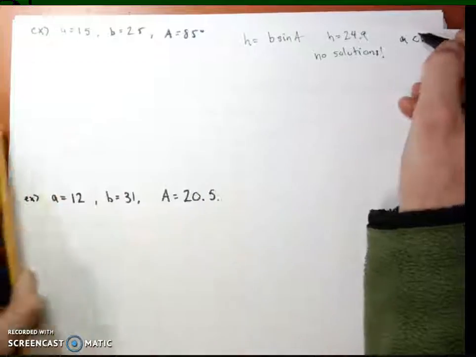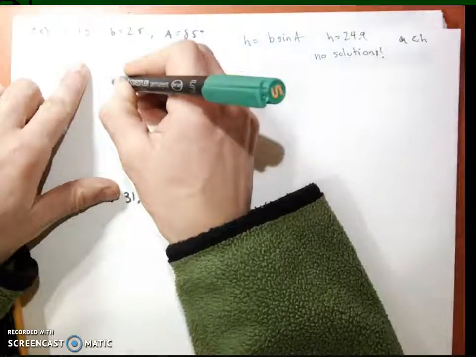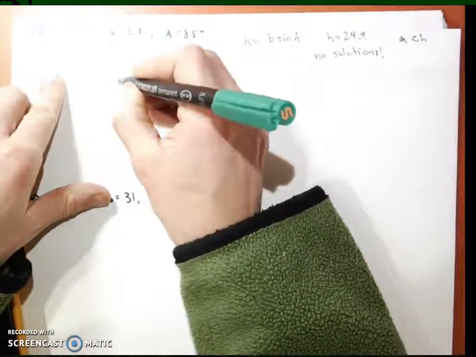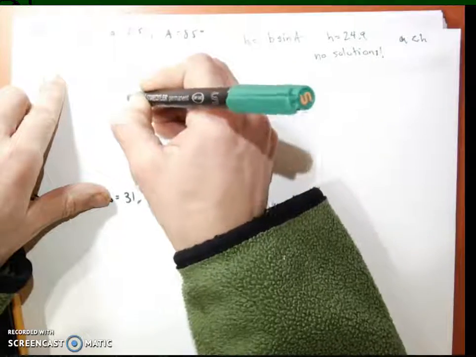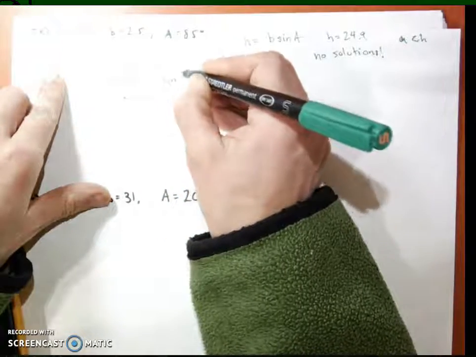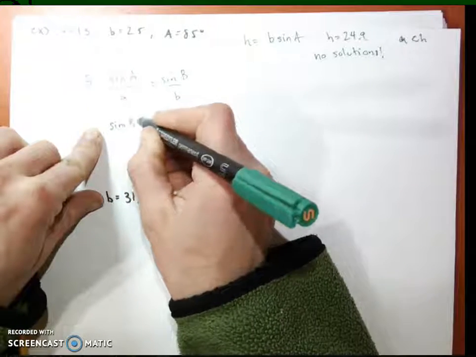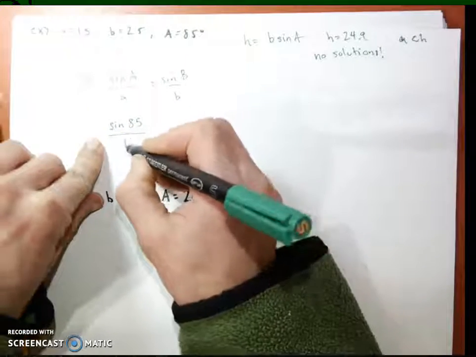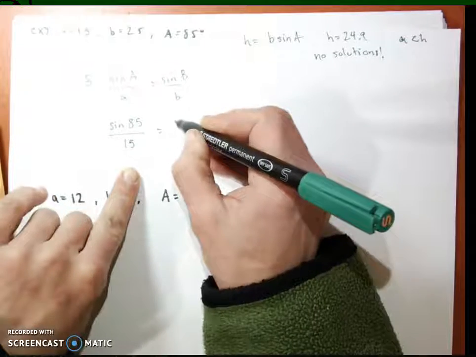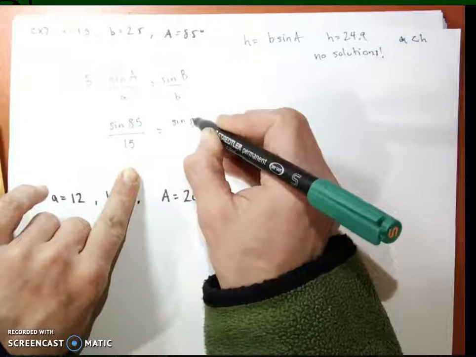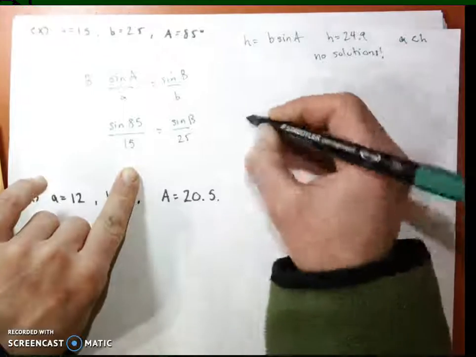So notice that little a is less than H, so we should have no solutions. So let's just see why that's true. So I'll try to find B by doing sine A over a equals sine B over b. Sine A is going to be sine of 85. a is 15. Sine B is what I'm looking for, and b is 25.